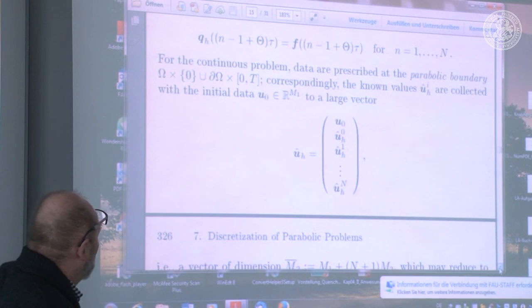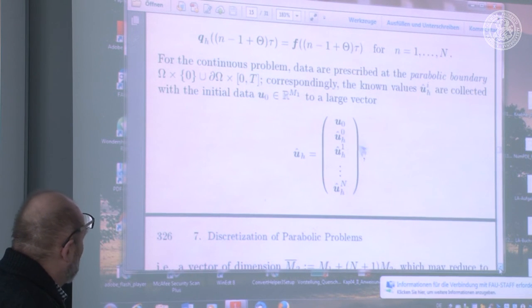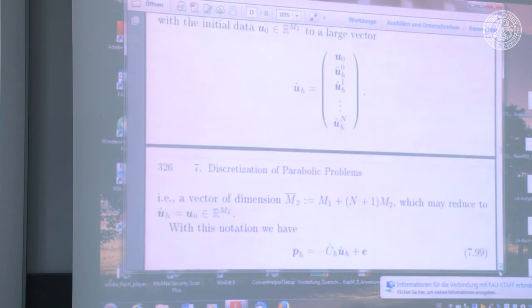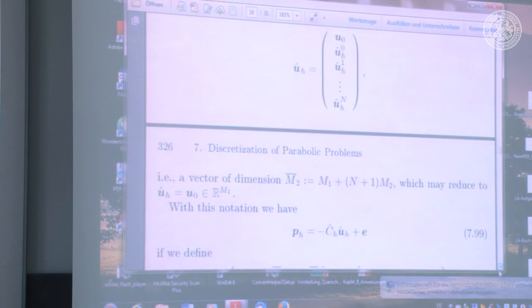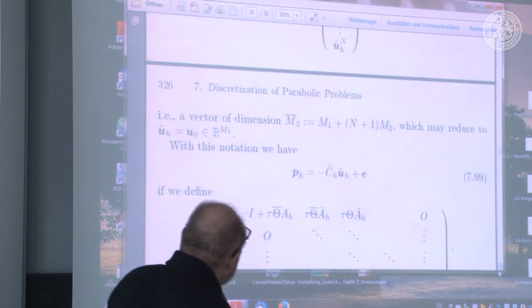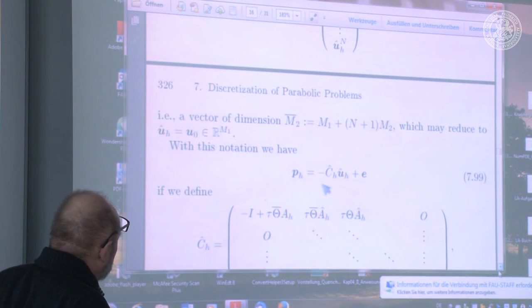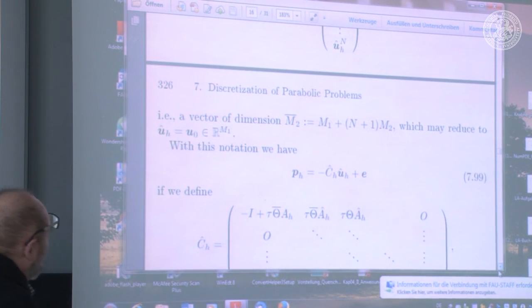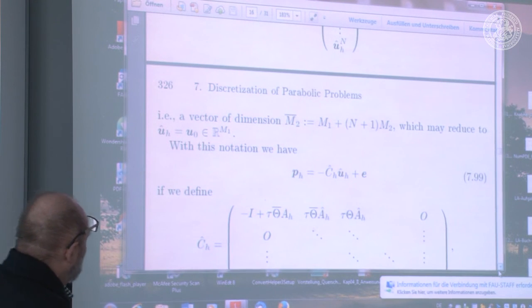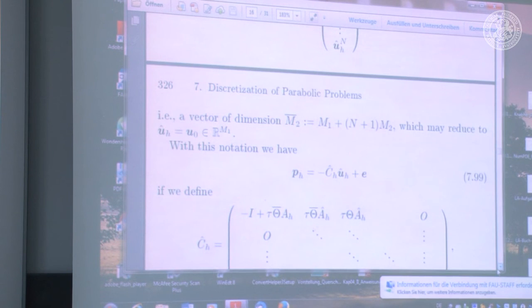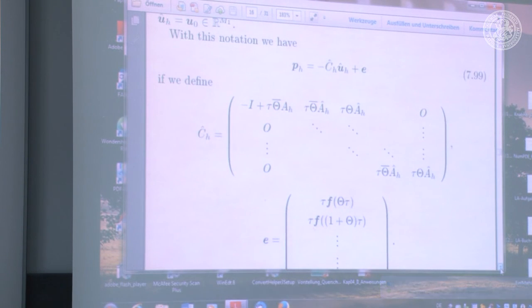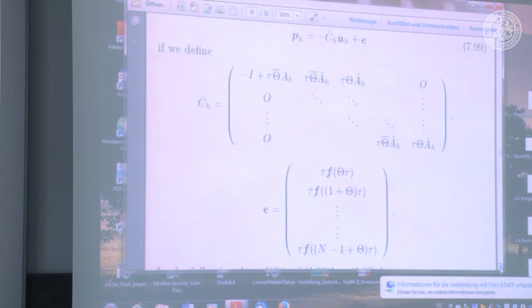So this is now our vector of given data, our Dirichlet data. It has also a corresponding dimension, which we can compute. And now we have to write this right-hand side in terms of minus a matrix C_h hat, so the notation is absolutely analogous, times this vector plus the vector E. The vector E is just tau times F at the corresponding time levels.